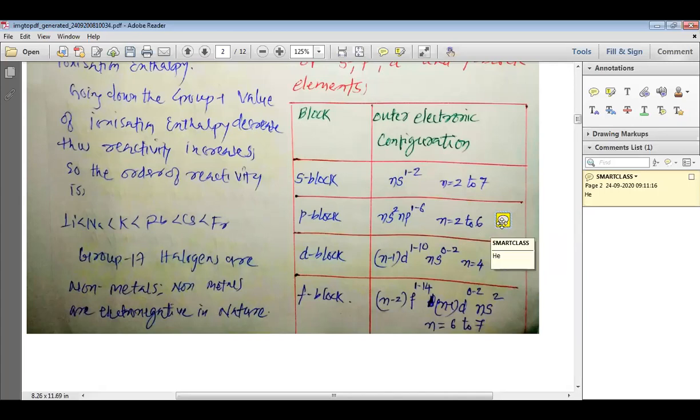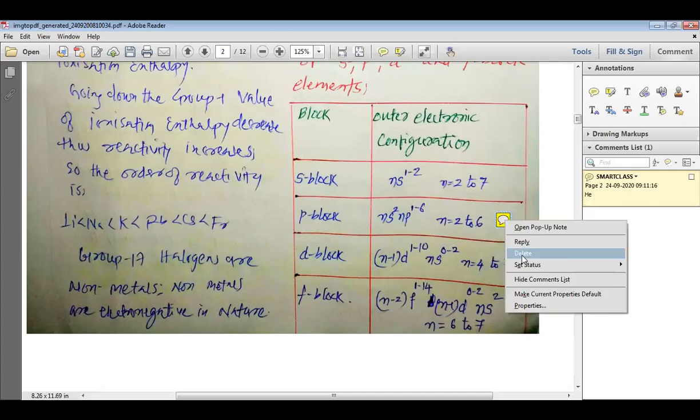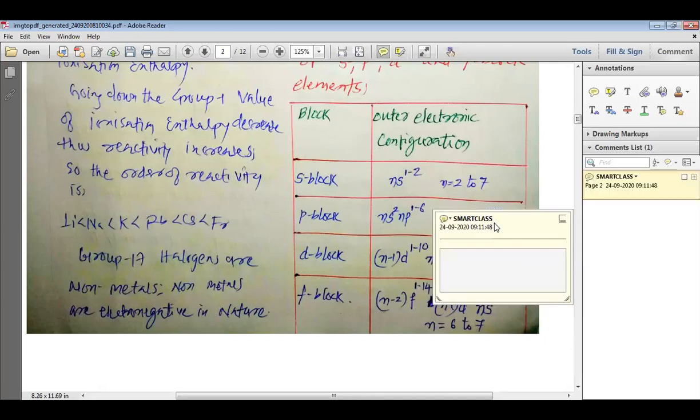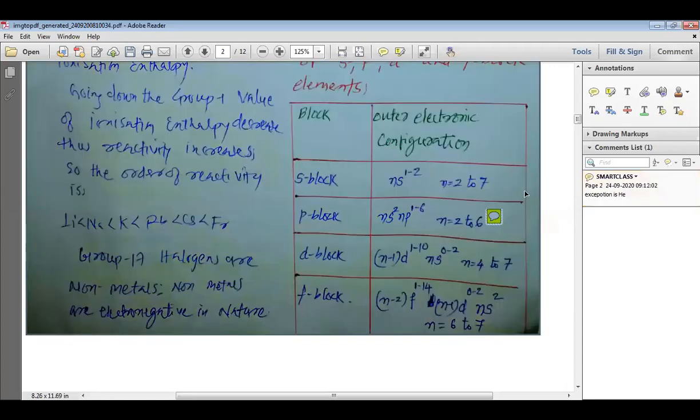We could even have written 1 to 6 here, but generally, considering helium as an exception, we write it this way. My dear students, helium is an exception here. So please remember it well.